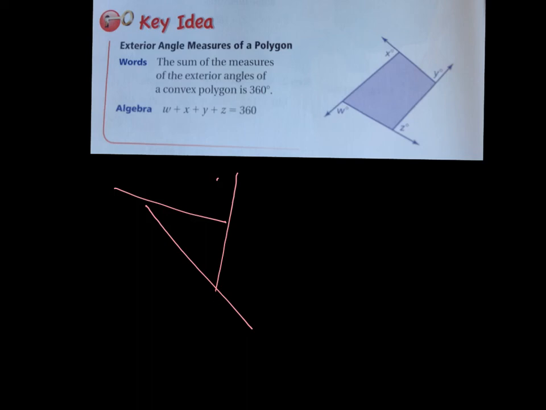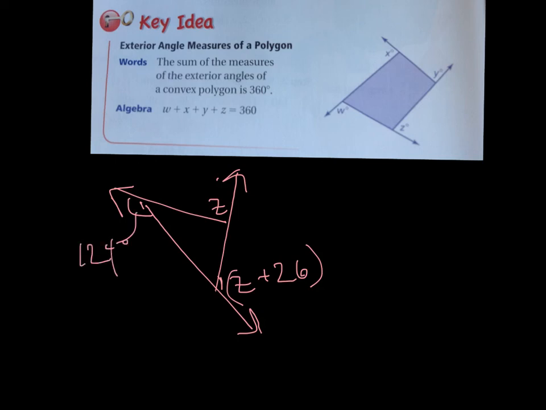Okay, here's our triangle, and this angle is Z plus 26, all right, this angle here, and this angle is Z, and this one here is 124 degrees. So 1. Find Z. So you would just go 124 plus Z plus Z plus 26, right? Which is this, equals 360.